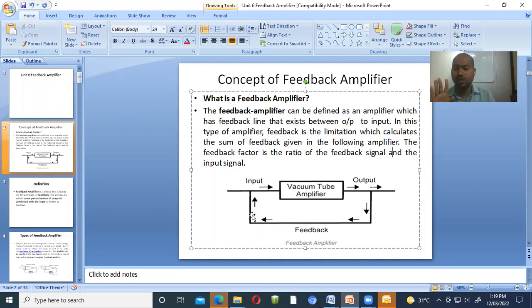We use this type of feedback in the case of an amplifier. Let me repeat. Positive feedback is used for the purpose of the oscillator.